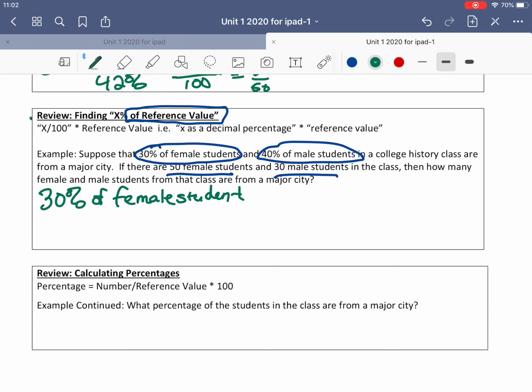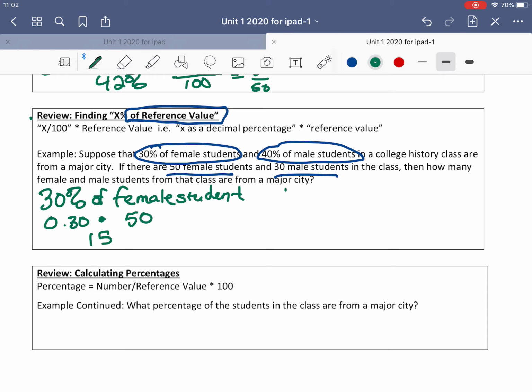I'm going to replace all three parts of this with something equivalent. So we know 30% is 0.30, right? Divided by 100. We know of tends to imply multiplication. And we know the number of female students in this class is 50. So I started with the idea in the problem, 30% of female students, and then just changed that to something that I could work with and multiply.